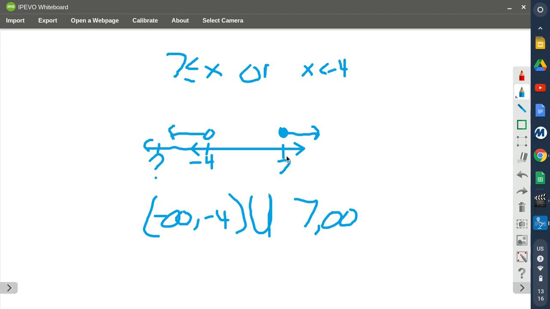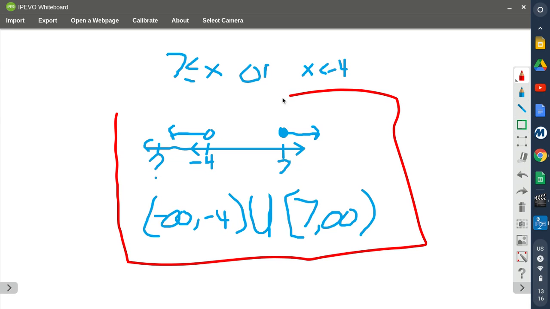It includes 7, it's a closed circle, so you put a bracket, and infinity doesn't include it, so you put a parenthesis. Yeah, that would be your answer for this problem.